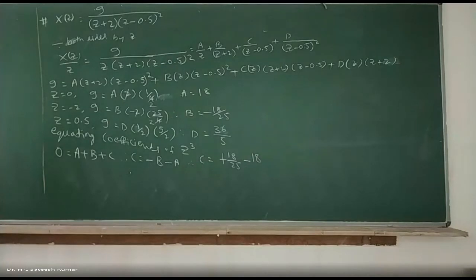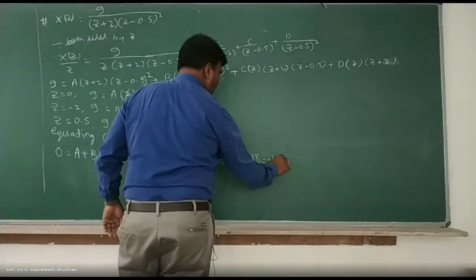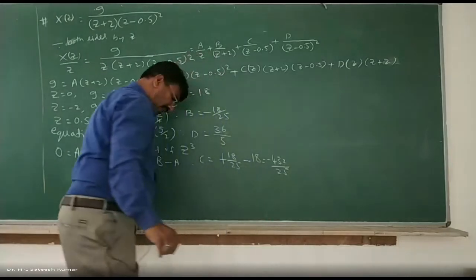So you simplify this, and you will get the answer as minus 432 by 25. Anyhow, if there is any mistake, do it in the calculator.